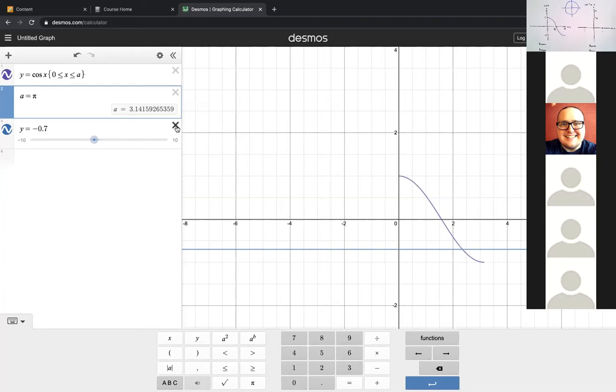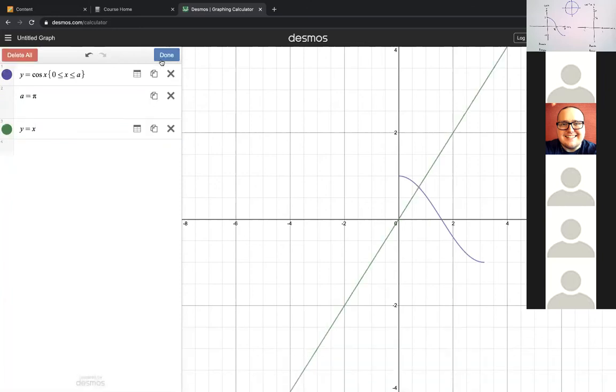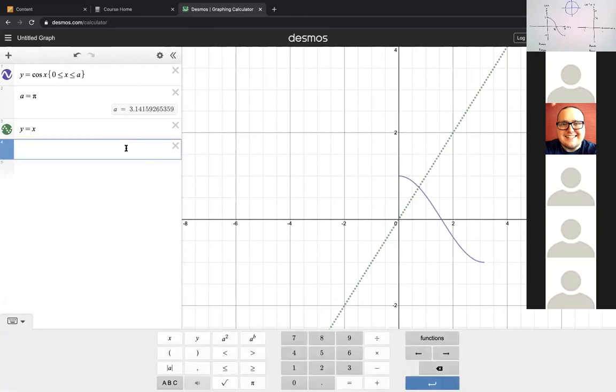Now let's get rid of some of this extra stuff and plot in that line y equals x, where we're going to mirror cosine. So it's going to get mirrored across this line when I type in the inverse, which is called arc cosine.